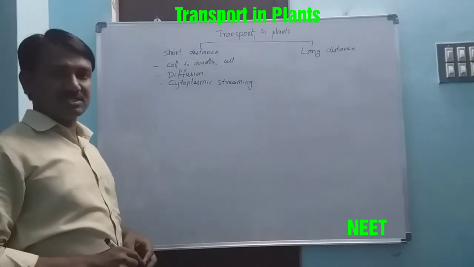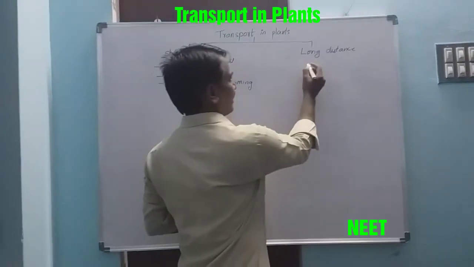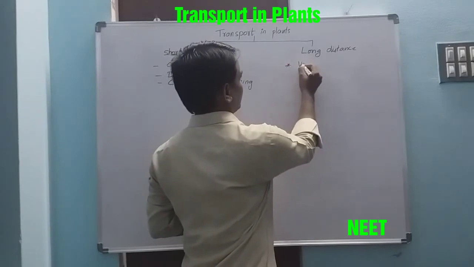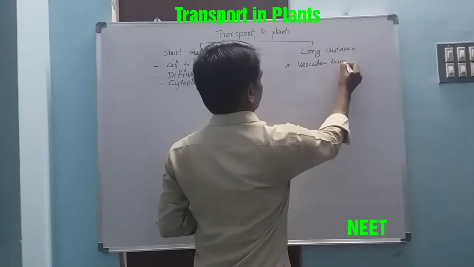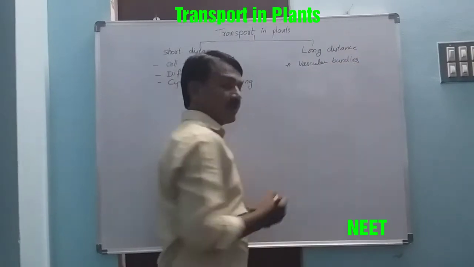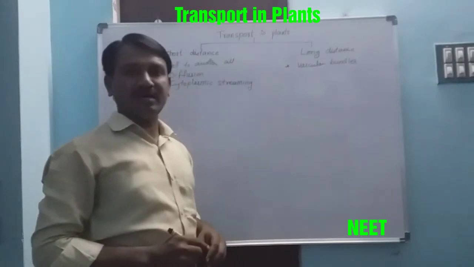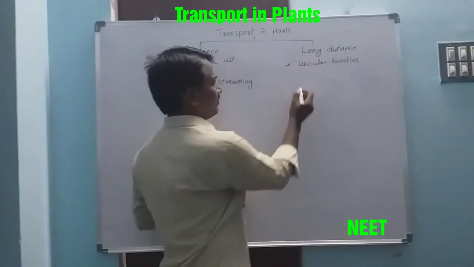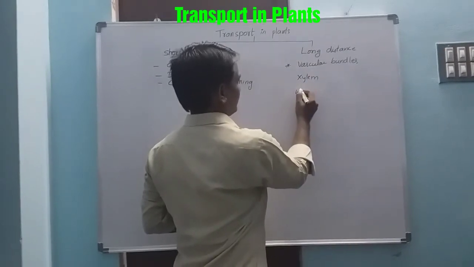But the long distance transport system occurs with the help of vascular bundles. In this, xylem and phloem tissues are involved.